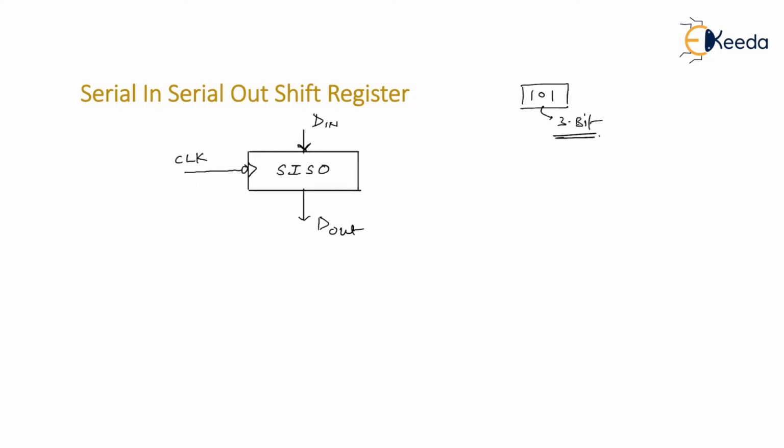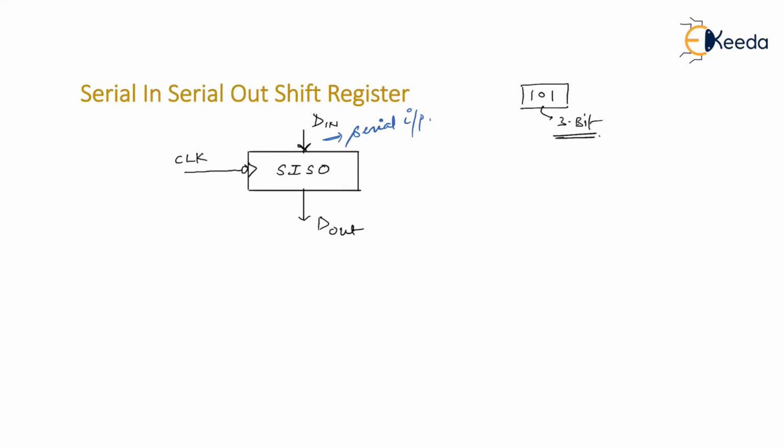You cannot apply this 3-bit data simultaneously on a single pin, so you apply one bit at a time. That way of applying the input is what we call a serial input.